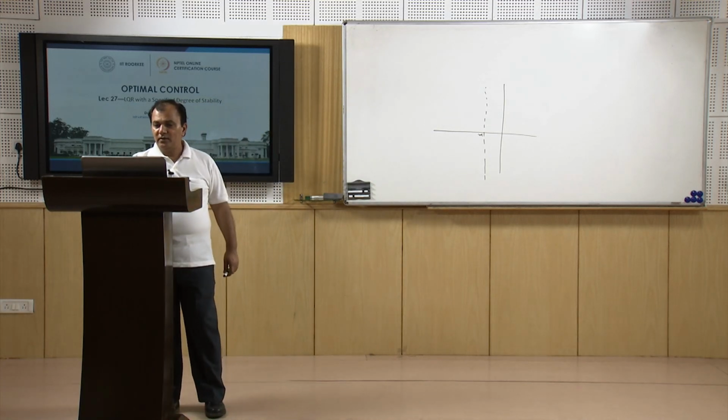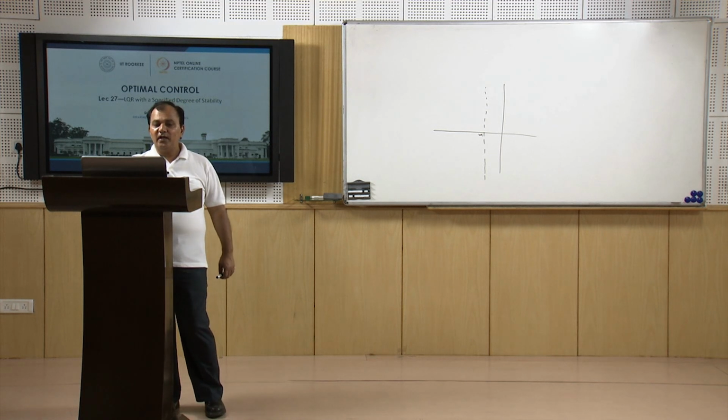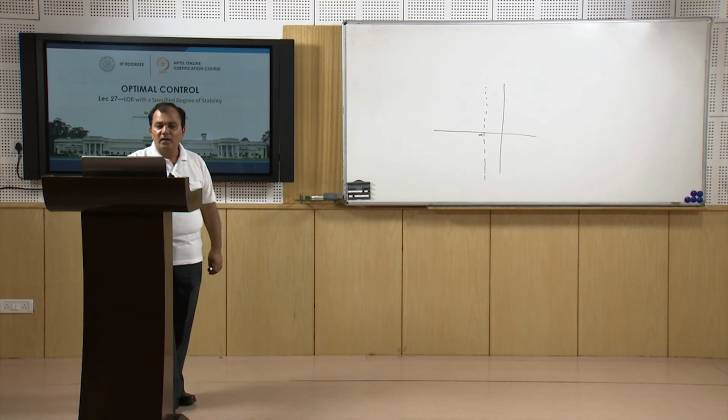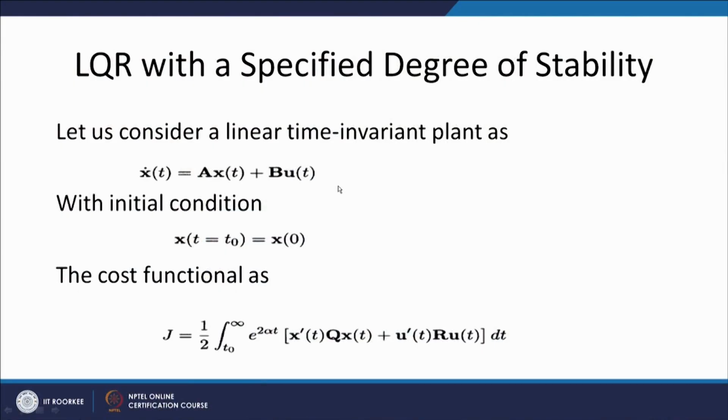in which we consider a system x dot equal to Ax plus Bu. We are taking this example only for a linear time invariant system, so A and B are constants. The initial condition is x of t0 equal to x0.